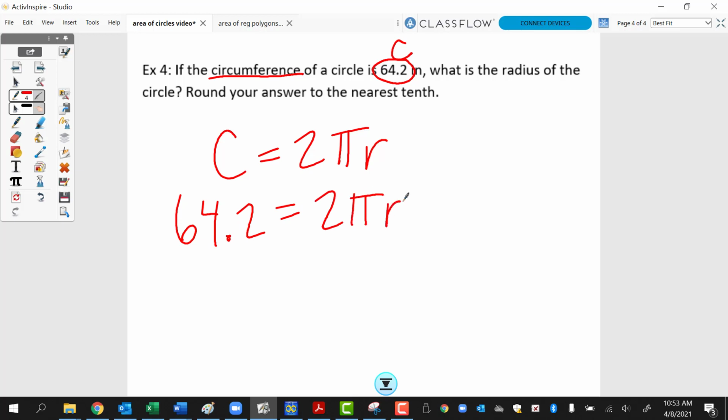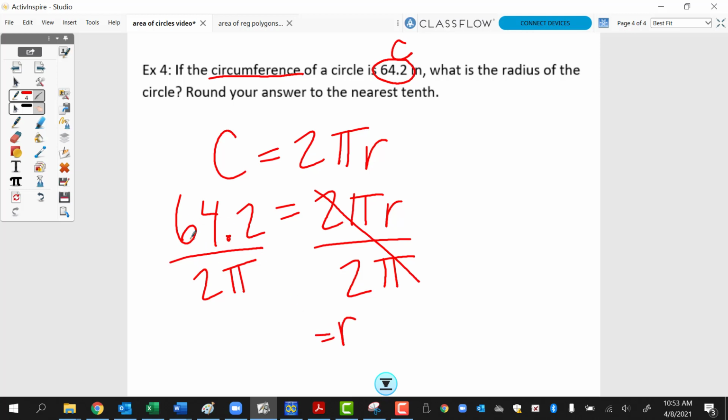I'm supposed to be solving for r. How do I solve for r? Well, I need to get rid of the 2 and the pi. I'm going to do that all at once by dividing by 2 pi. Dividing by 2 pi. That cancels out this side.